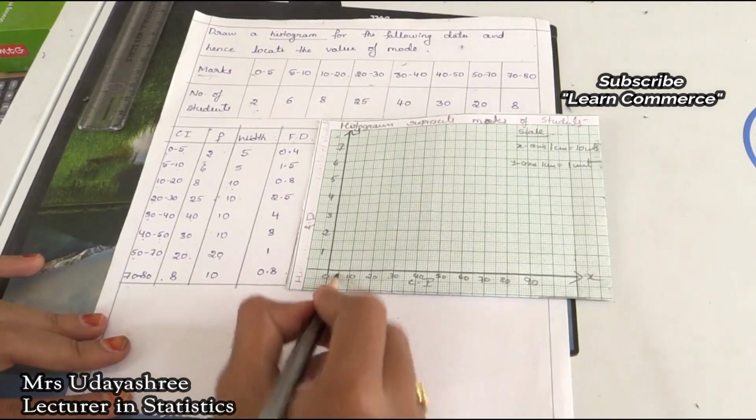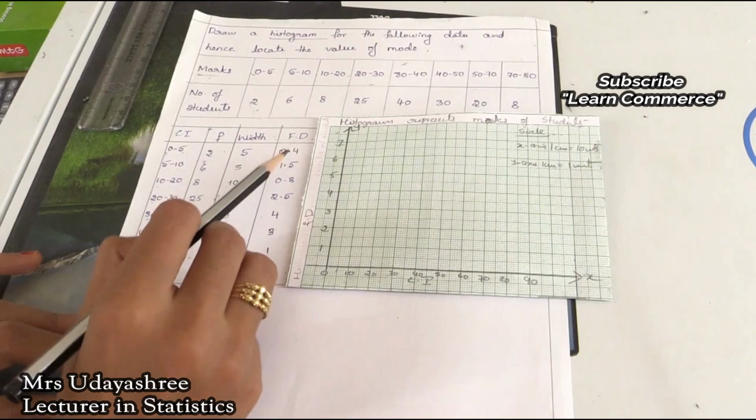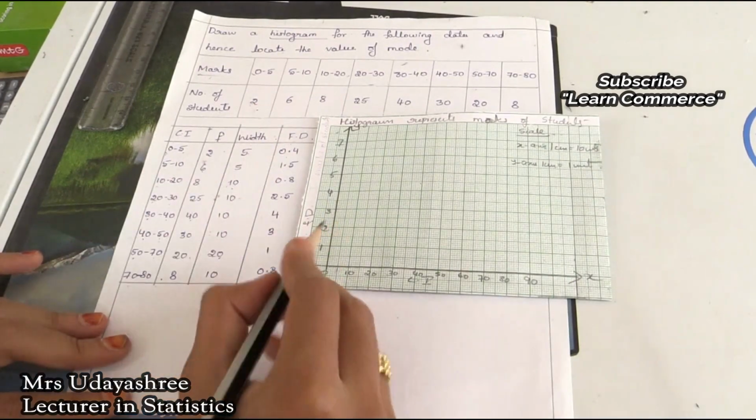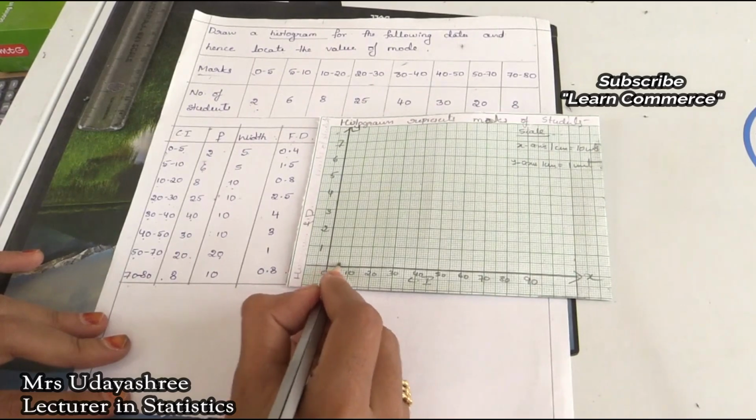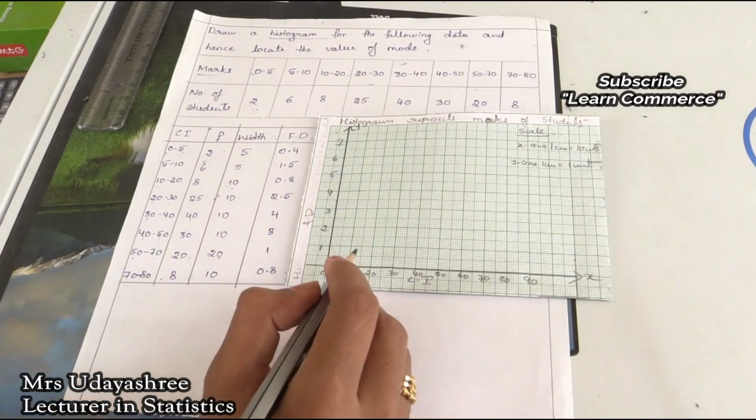So for 0 to 5, the corresponding frequency density is 0.4. So 1 is here and 0 is here, 0.4 comes here. So here I will draw one rectangle.